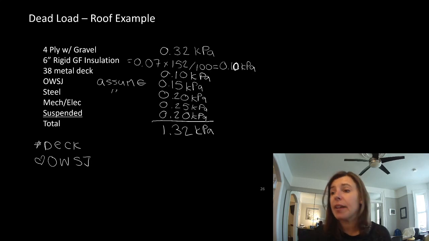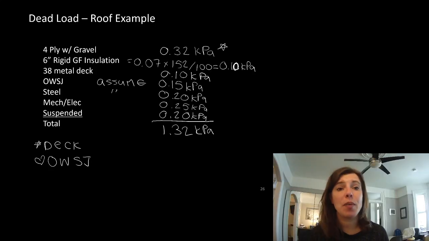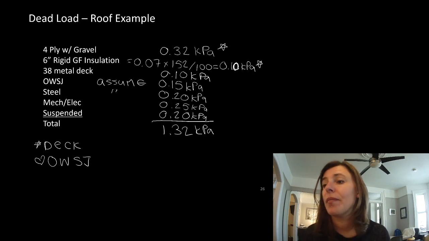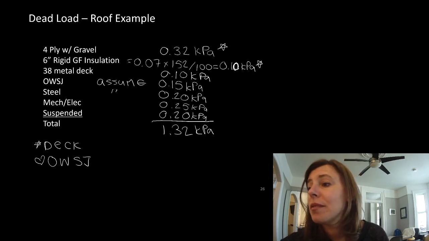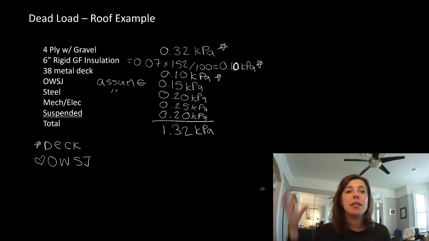So the deck, definitely supporting the roofing and the insulation and itself. But it isn't supporting the open web steel joists. It sits on top of the open web steel joist. The open web steel joist supports it.